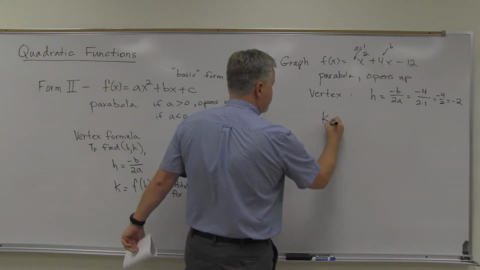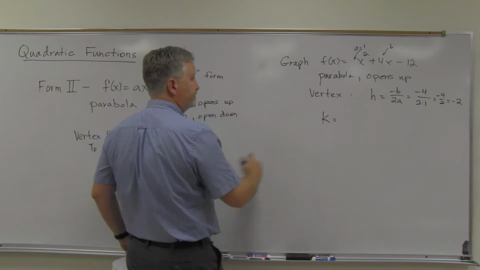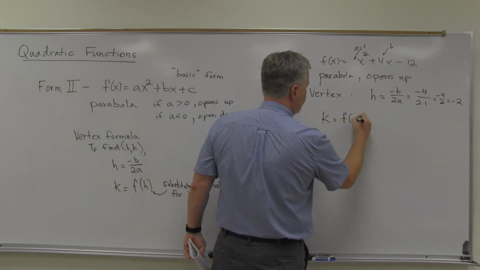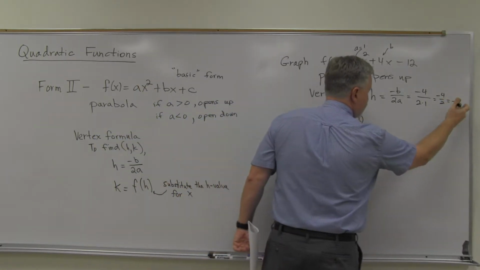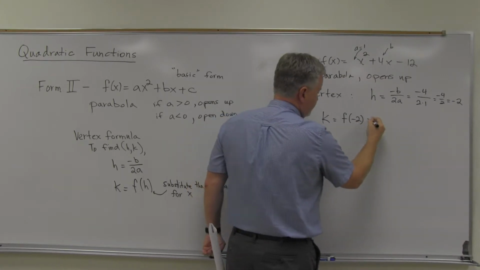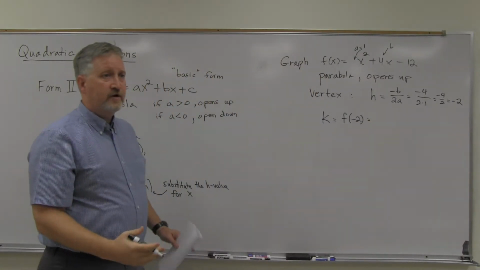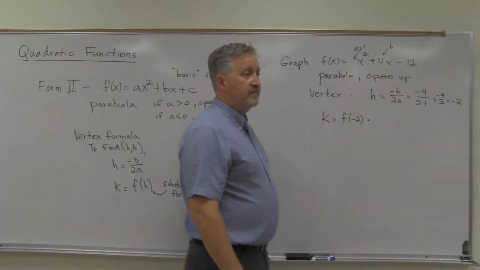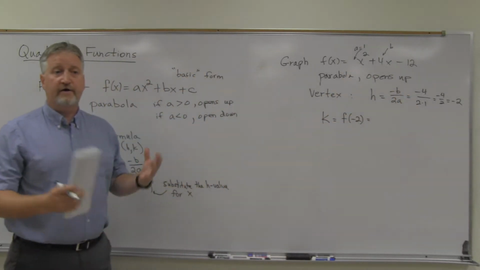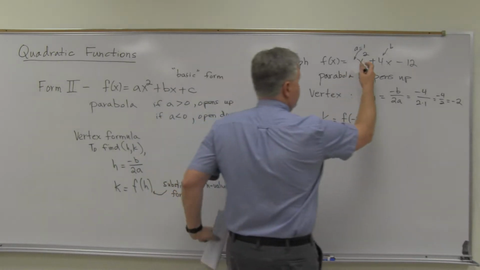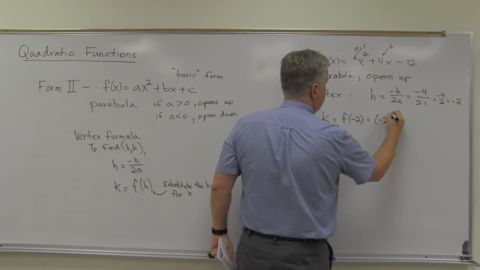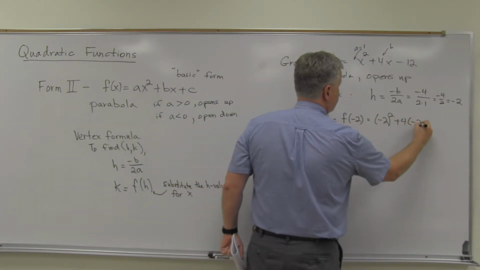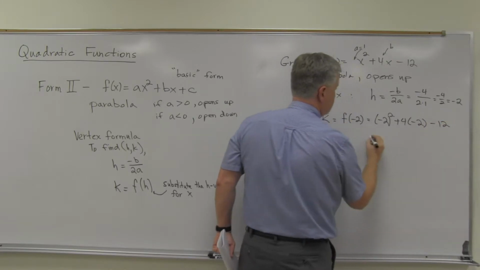To get the k, like we said, we're just going to plug in, do f of negative 2. You don't have to necessarily write that, but that's what we're doing here. We're just going to plug in negative 2 for the x. That'll be our input value, and that'll be our k value. So that'll be negative 2 squared plus 4 times negative 2, and then minus 12.